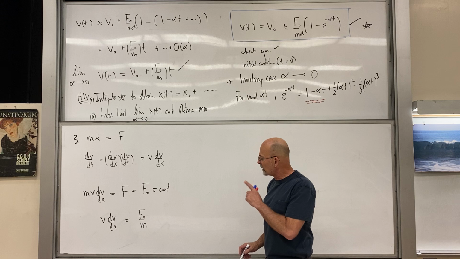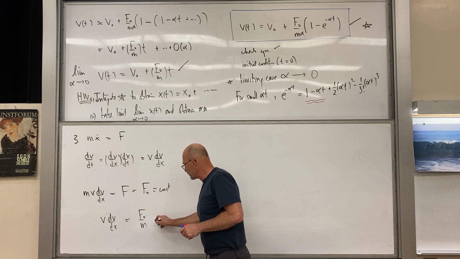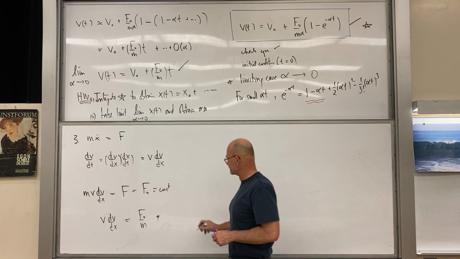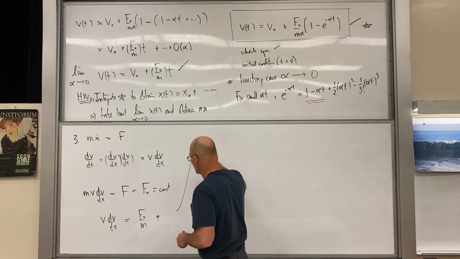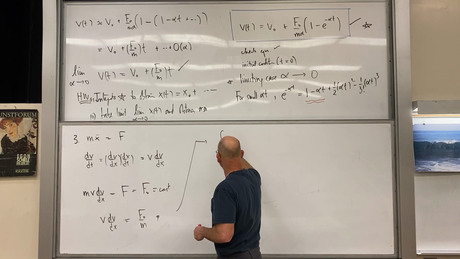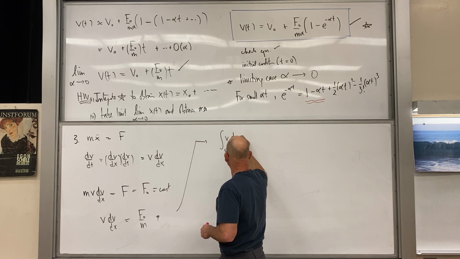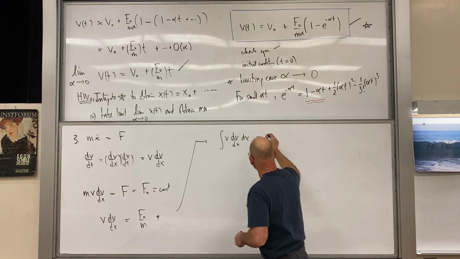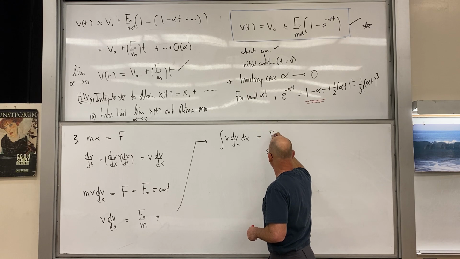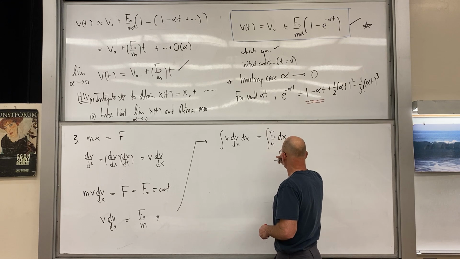And we can integrate both sides of this with respect to x. Okay. So we're going to have the integral of v dv/dx dx equals F over m integral dx.